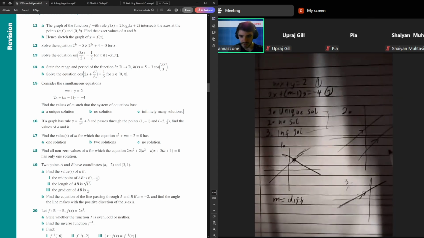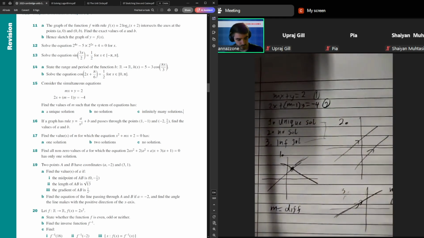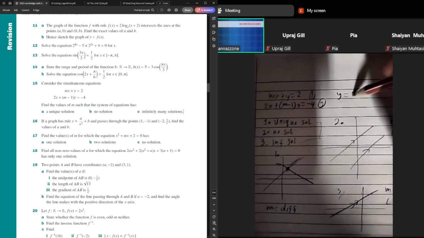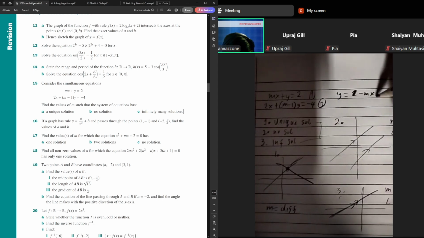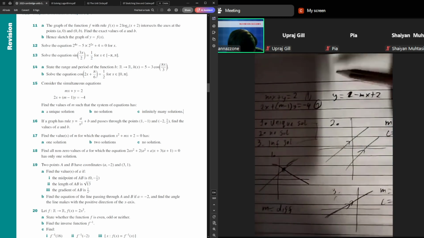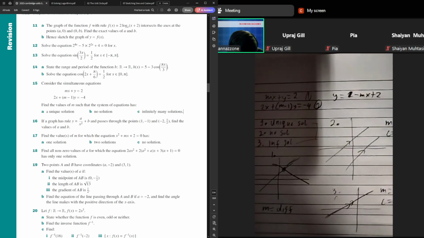So step 1 here is to rearrange both of these into y equals mx plus c. So just get the y on its own, essentially. This one's nice and easy: y equals minus mx plus 2. That way it looks super consistent. And then for this one, it will be subtract 2x and divide everything by m minus 1.